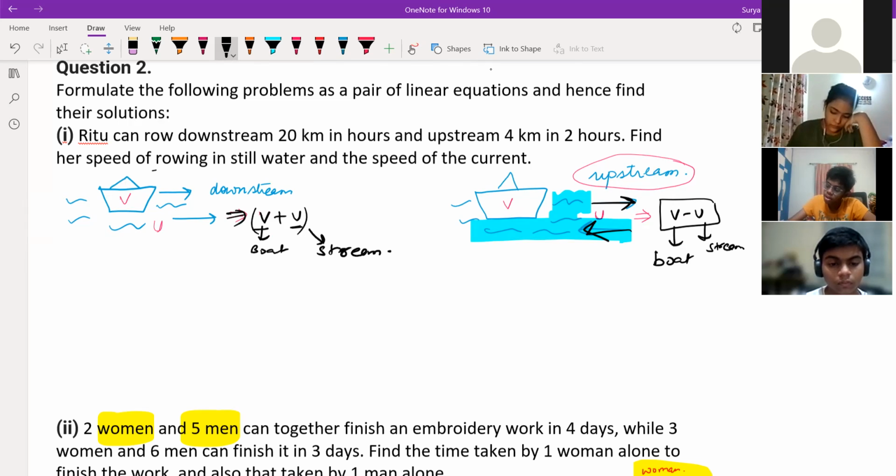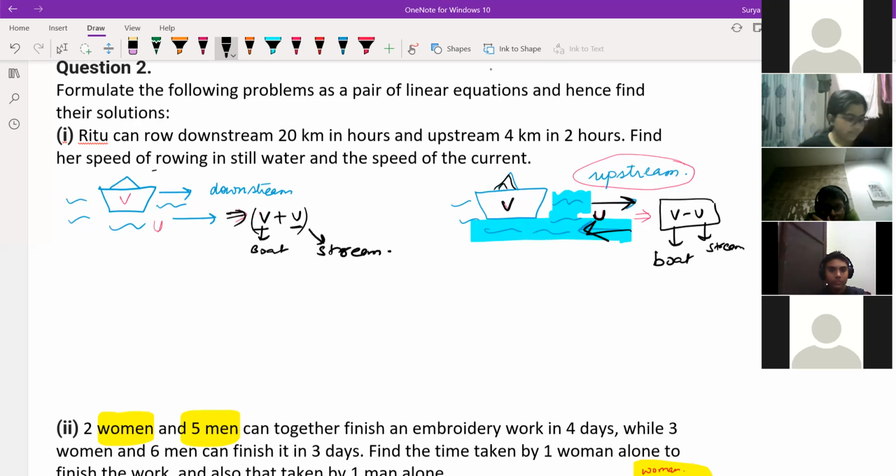Otherwise, in upstream, if boat speed is less and stream speed is more, the boat will go away, and you can't reach where you want to go. So this is the speed in downstream, V plus U, and V minus U is the speed in upstream.